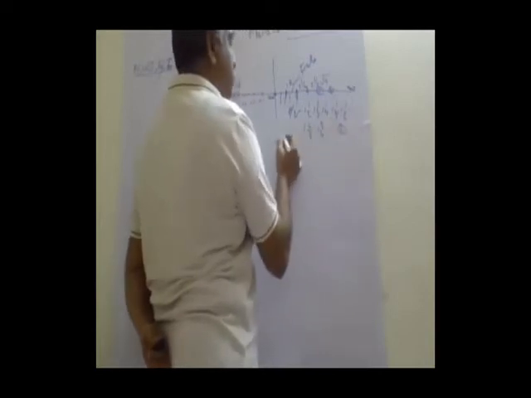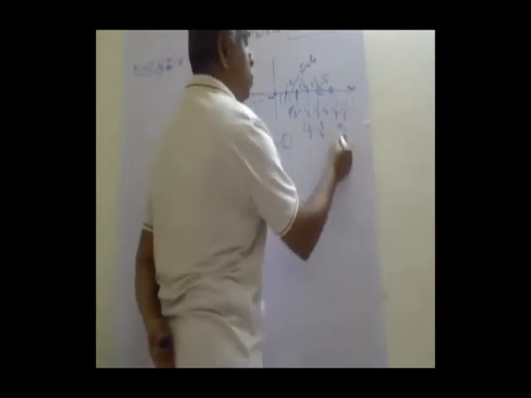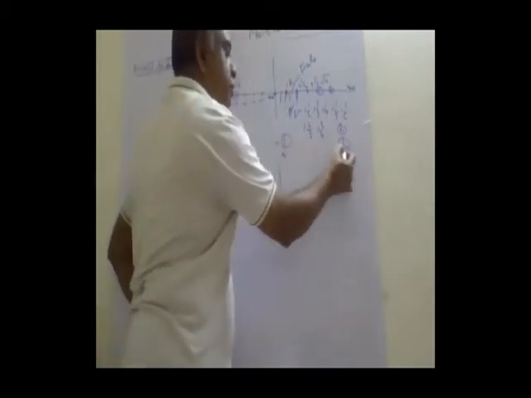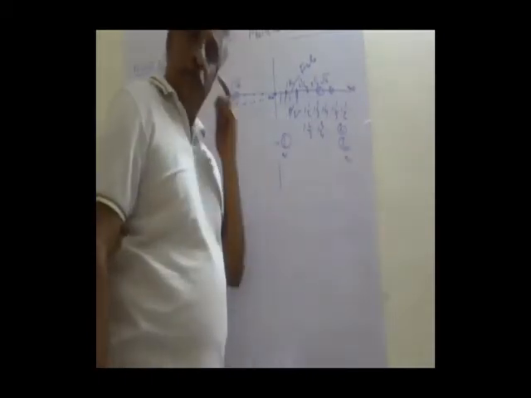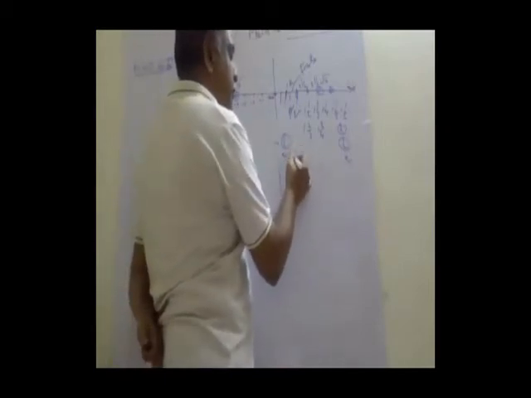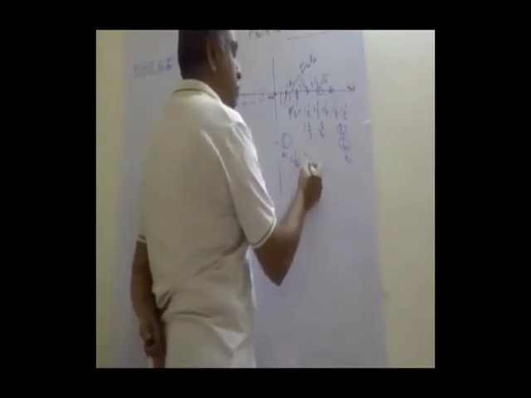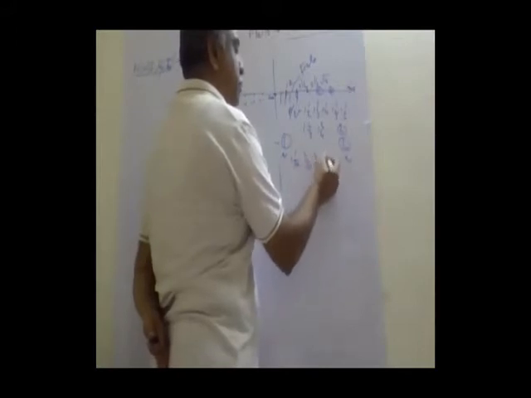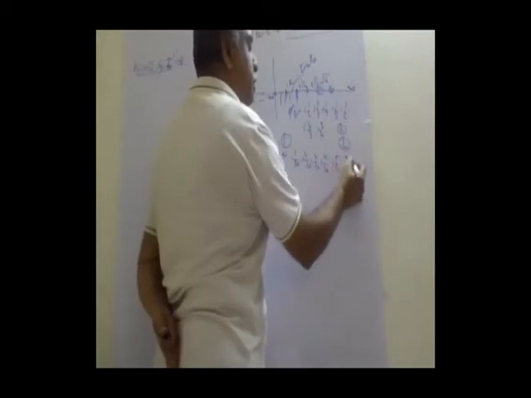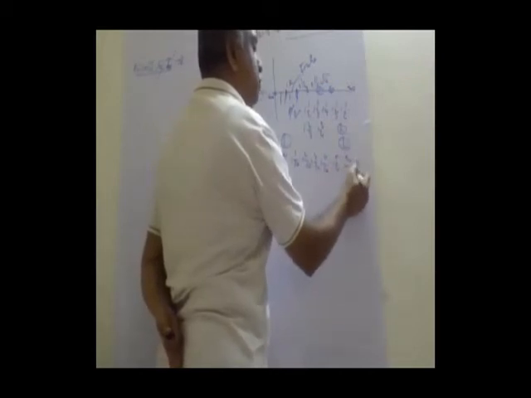Between 1 and 2, I want to give rational numbers. So I can write 1 1/10, 1 2/10, 1 3/10, 1 4/10, 1 5/10, like that, and 1 10/10 is 2.